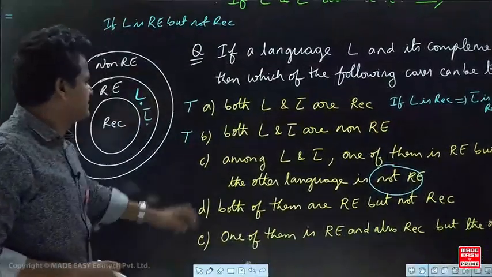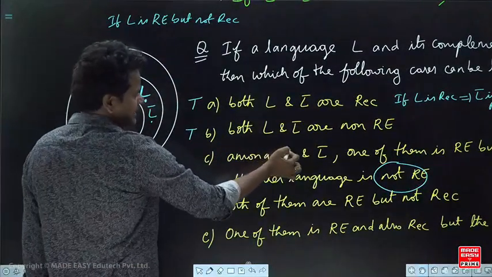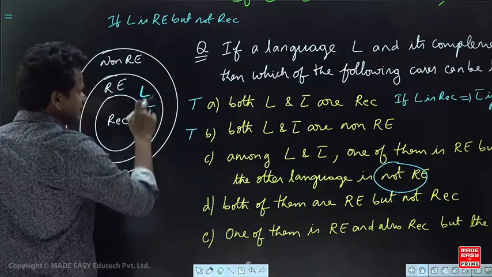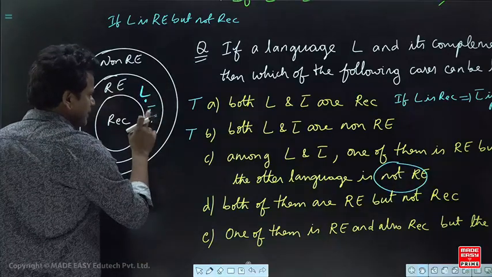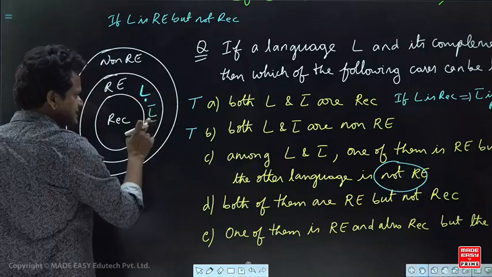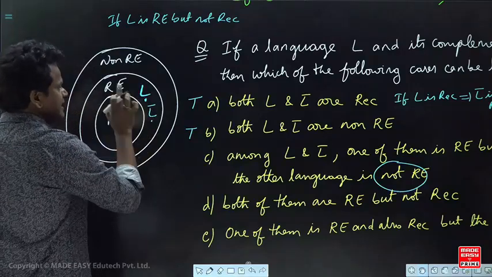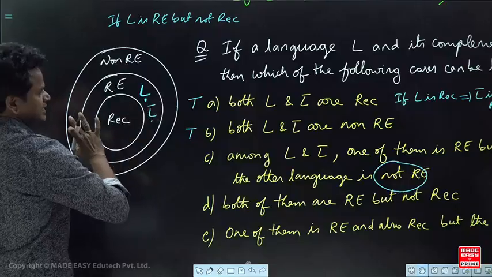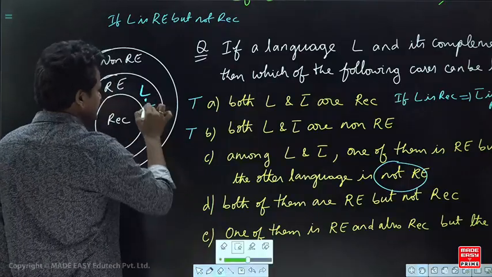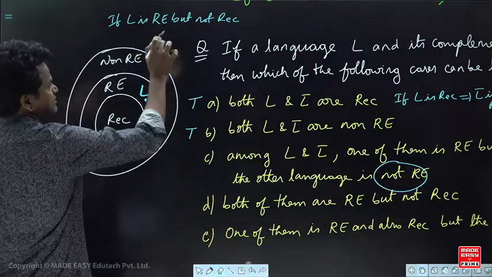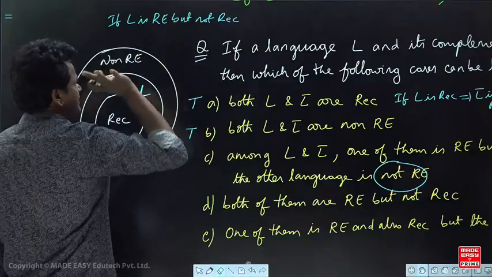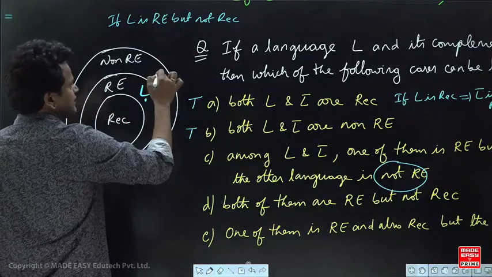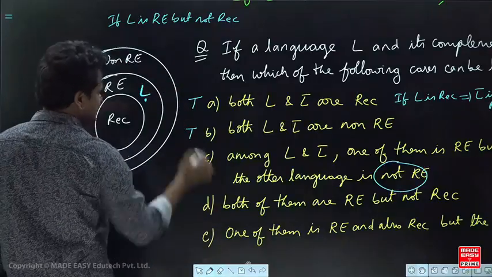But it is given that L is RE but not REC. So if L and L bar both are RE, then L must be REC and L bar is also REC. But what is given? L is not REC. Then if L is RE but not REC, L bar cannot be RE. L bar only, it must be non-RE.